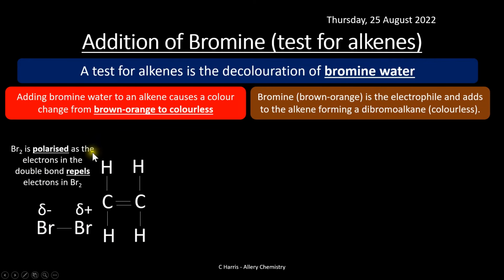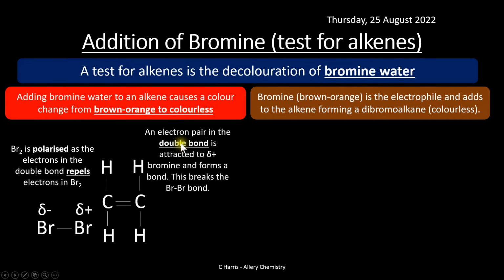So the Br2 is polarized. The double bond here is basically pushing the electrons that were sitting here over onto this side of the molecule, so that's basically a van der Waals interaction, but this dipole is created. Now, the electron pair in the double bond here is attracted to the delta positive bromine, and this forms a bond, and it starts to break this double bond across.